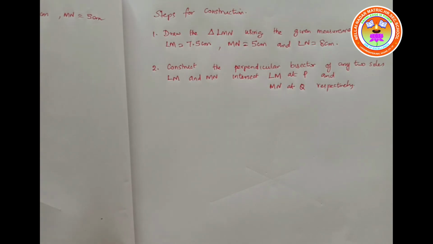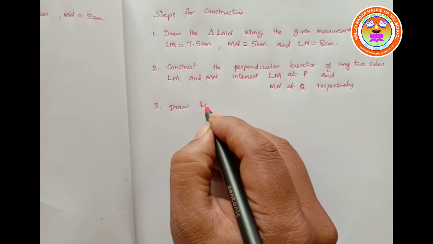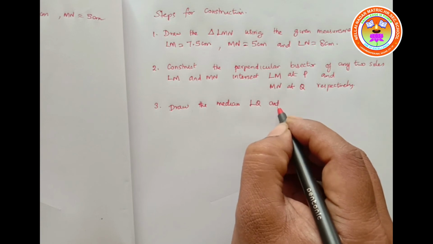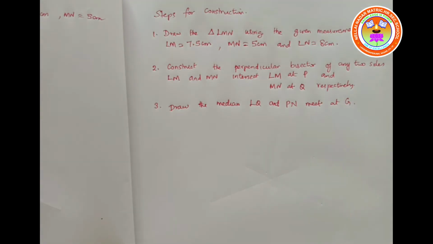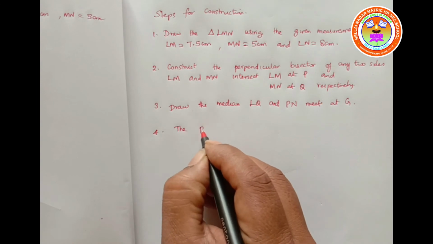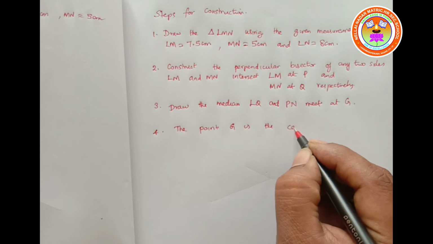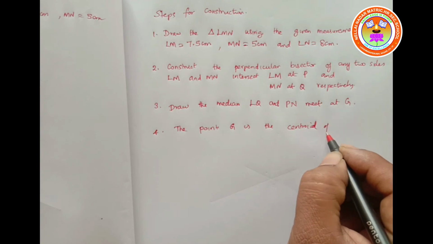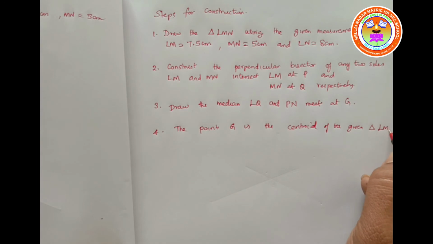And third step, draw the median. LQ and PN meet at G. Fourth point is the point G is the centroid of the given triangle LMN.